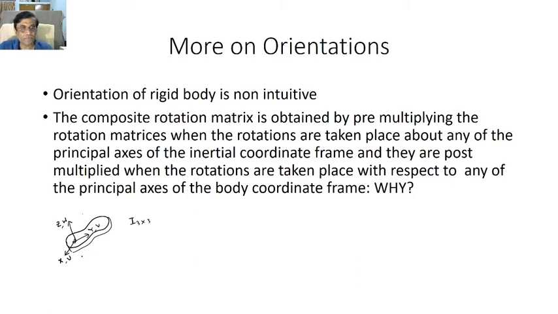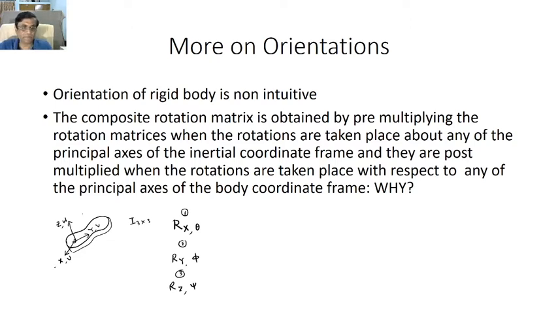Then suppose the first rotation takes place about the x-axis by an angle, say theta. This is number one. Then the second rotation takes place about, say, y by an angle phi, and then another by psi. So these are the three successive rotations this body has undergone.